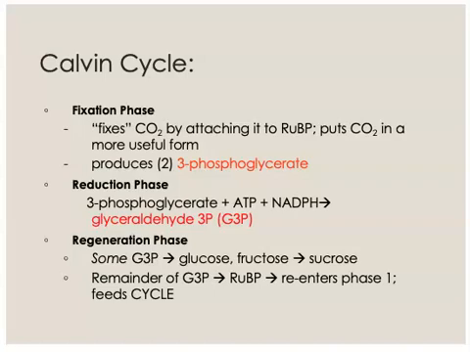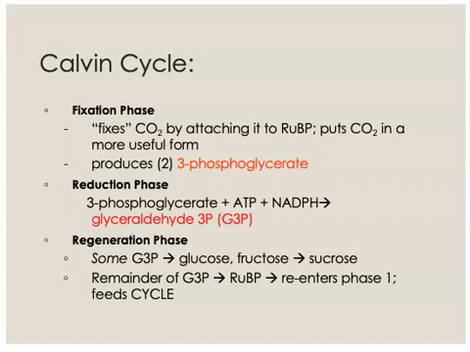During the fixation phase, carbon dioxide gas is fixed, and that word means transformed into a more usable form for the organism. It's fixed by attaching it to RUBP. This produces those two molecules of 3-phosphoglycerate that I mentioned earlier.